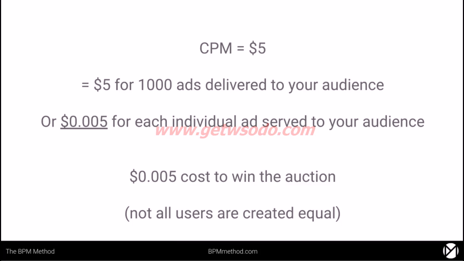But the thing is, not all users are created equal. I'll give you an example. I spoke to the auction team about this, and they gave a real good description of this. Let's say that person A, let's call him John Smith, for example. Whenever John is on Facebook, he likes to click a lot of ads. He's a very clicky person.